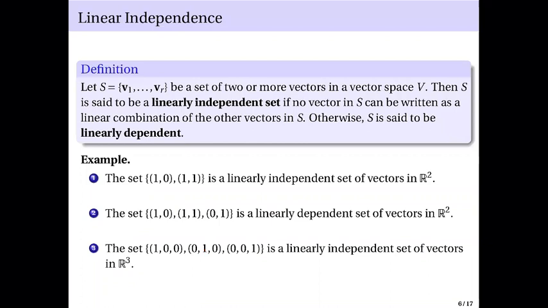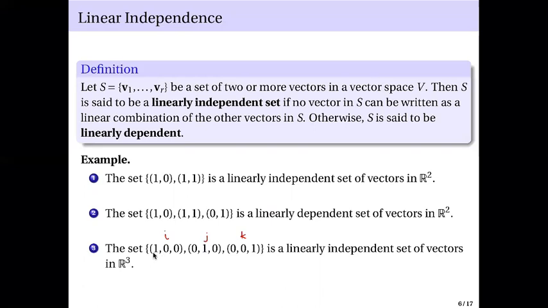The next set here, you have the set (1, 0, 0), (0, 1, 0), and (0, 0, 1). So this set is a linearly independent set of vectors in R3. If you can see, this is actually your i, j, k. This is your i, this is your j, this is your k.